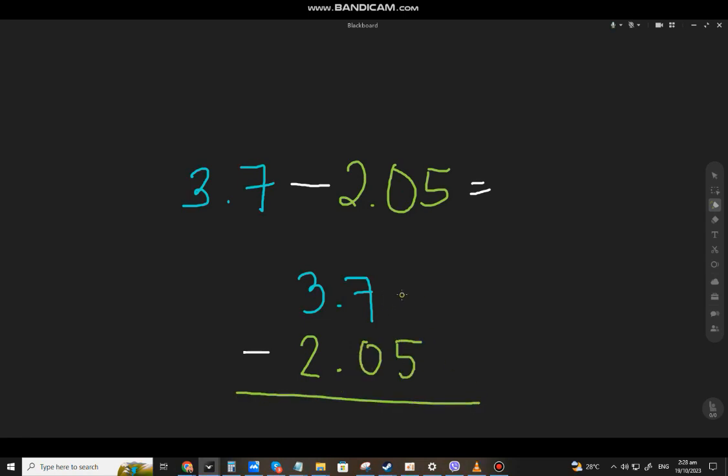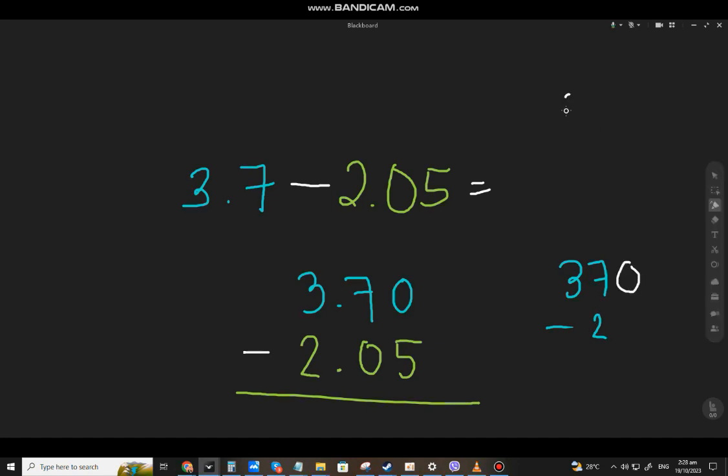Remember, if there is no 0 here, just put it there. Now be careful, of course. If it's 3.7 and you're going to subtract 2.05, you just put a 0 here because it will not change the value.